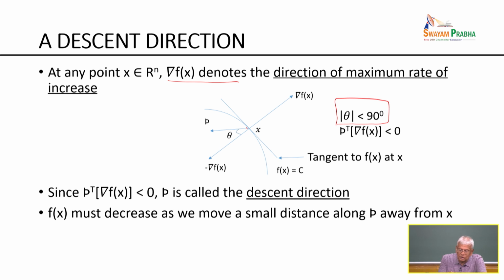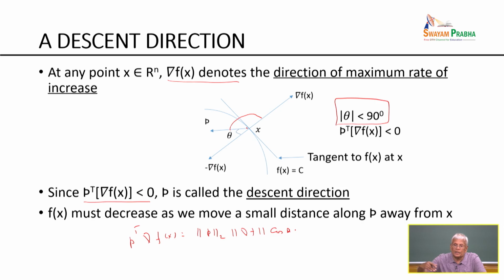So, if I took the inner product of P transpose with the gradient, if this angle theta with the gradient is greater than 90 degrees, and we all know from basic inner products, the inner product of P transpose with the gradient of f is equal to the 2 norm of the gradient of f of x times cosine of theta.